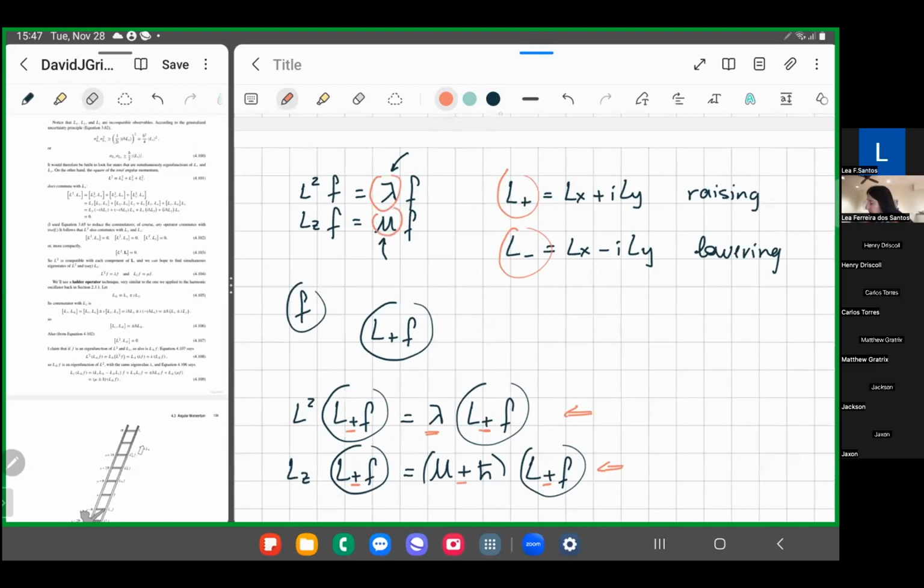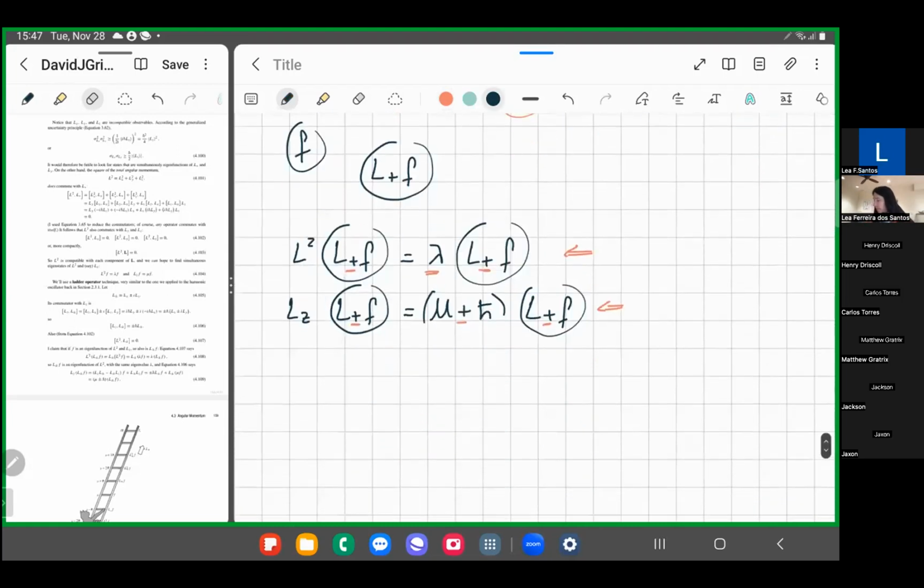At the end of the class, we said, well, I start with some function f with some eigenvalue, and every time I apply the L plus, this is going to increase. I apply L plus, and this is increasing. Well, it cannot go on forever. It has to stop. Why?